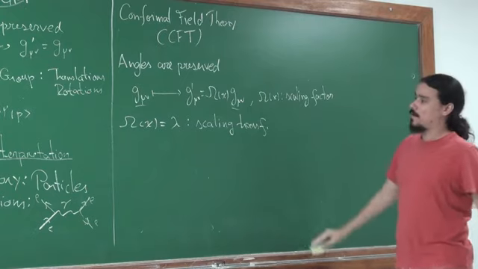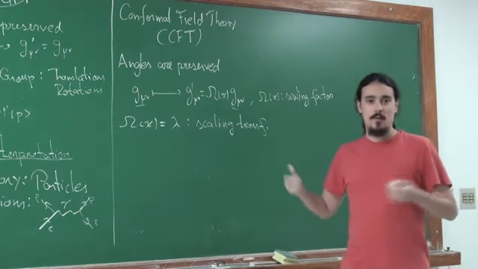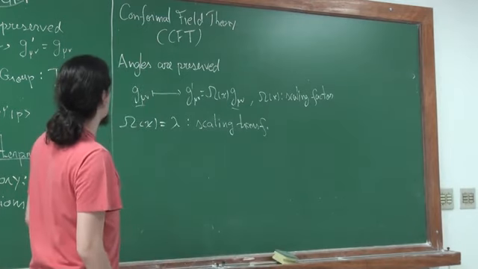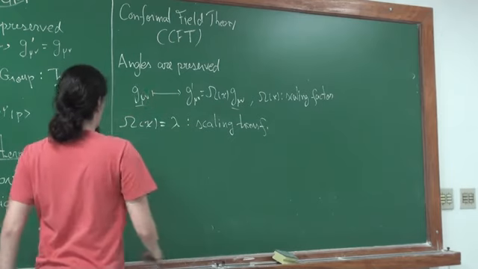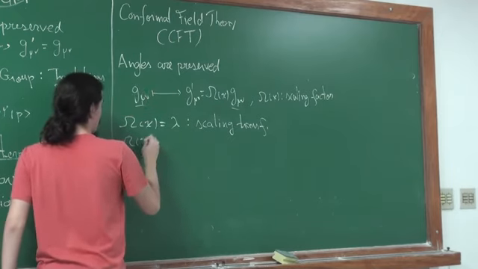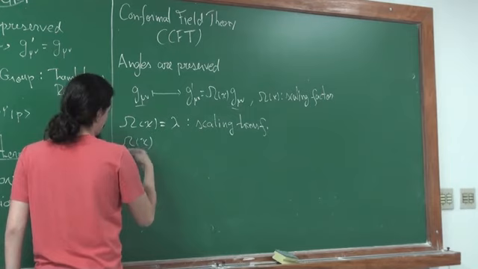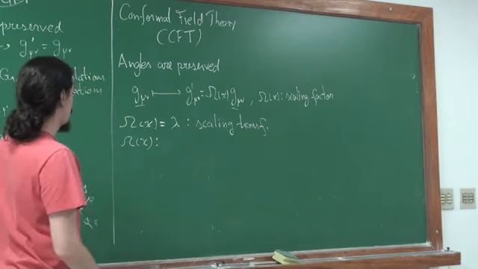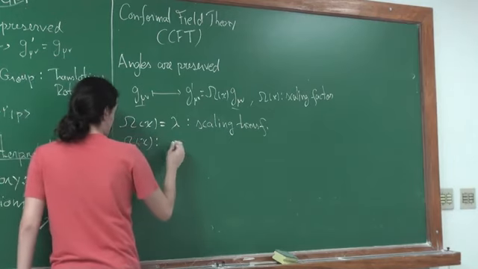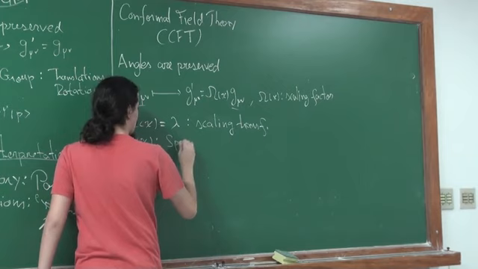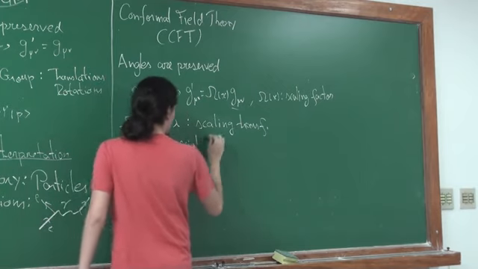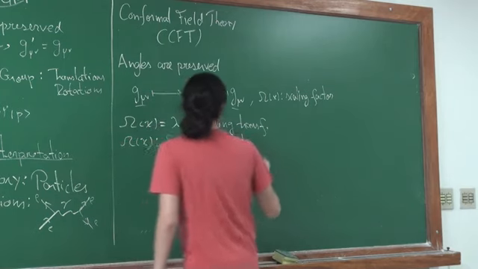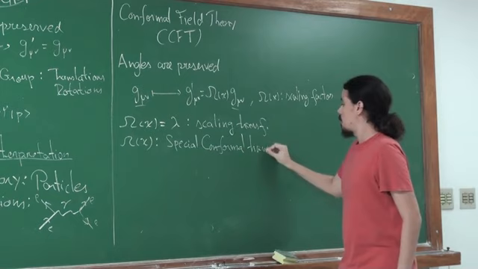And this is the only, let's say, intuitive transformation that preserves angles, but it turns out that there is another one, where the factor is in fact position dependent, and this is what we call a special conformal transformation.